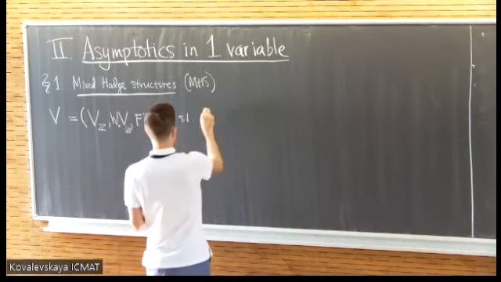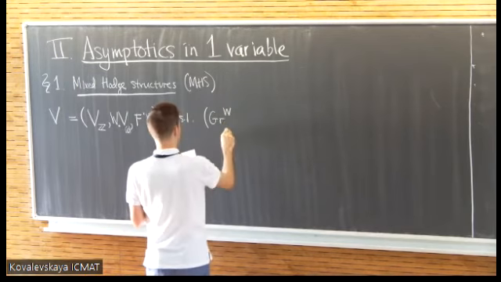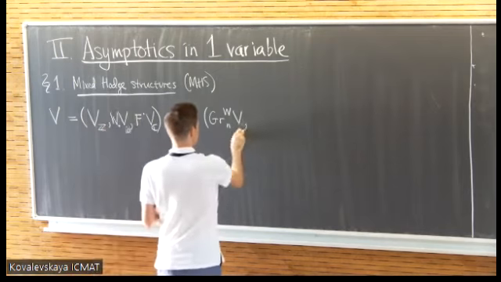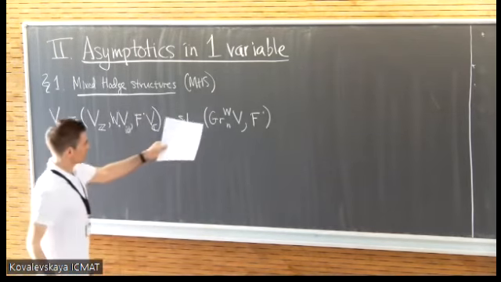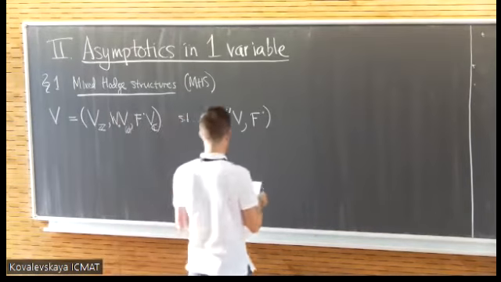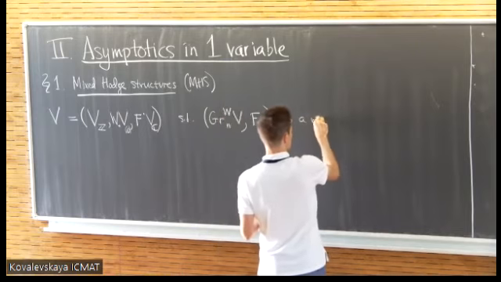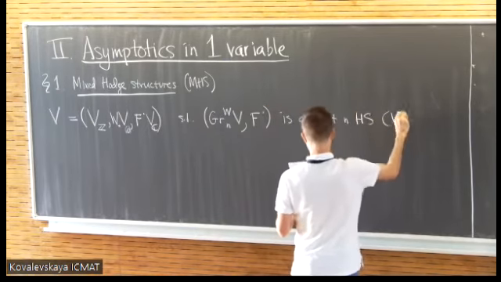We have to have that if I take the graded pieces with respect to the weight filtration of the Q vector space, together with the Hodge filtration restricted to these graded pieces' complexifications, then this is a weight n Hodge structure for each n.